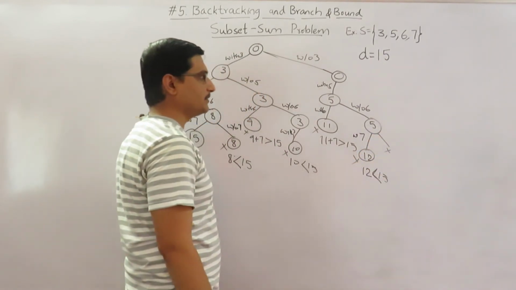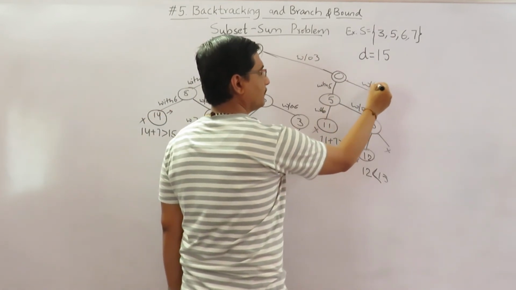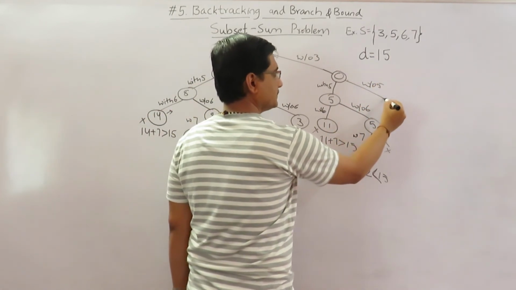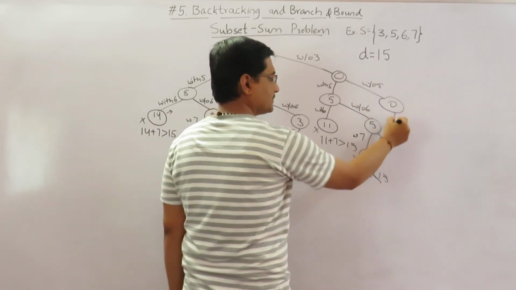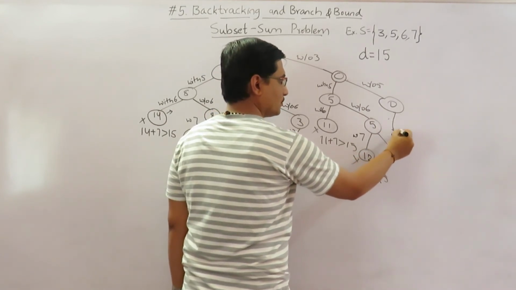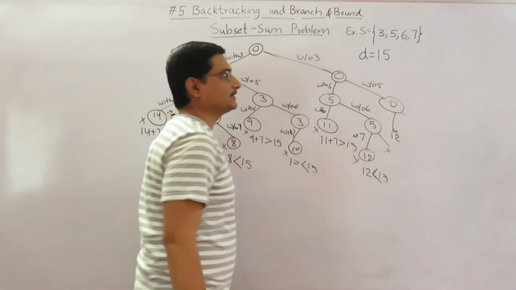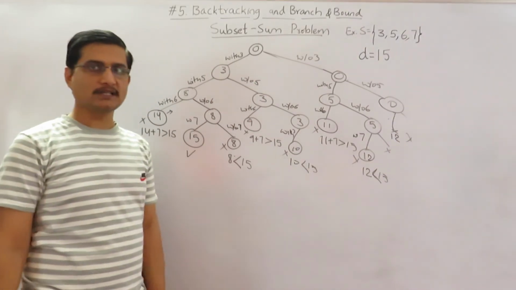Then without 5, it is 0. 0 with 6, 6 plus 7 is again 12. So not possible. Without 6, it is not possible. So these will lead us to non-promising nodes only.